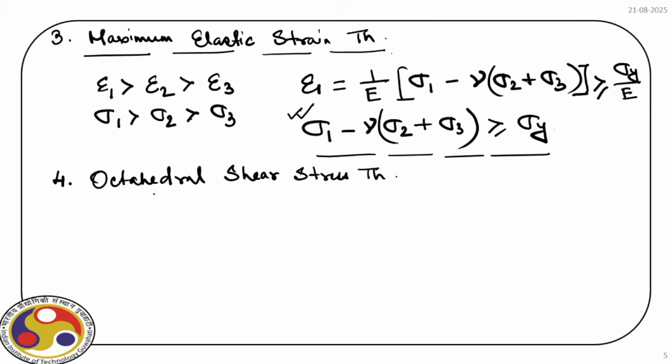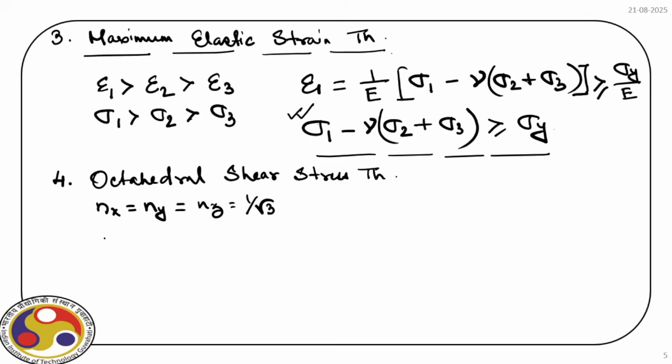If you recall the definition of octahedral shear stress, we deal with a plane which is equally inclined, right? So nx equal to ny equal to nz equal to 1 by root 3 is the plane corresponding to this octahedral stress.